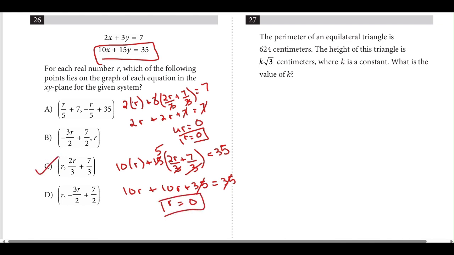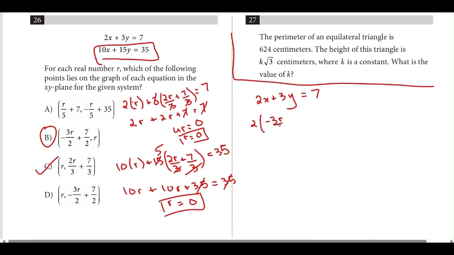Okay, so that was a good guess, I guess. But I'm going to just solve one more just in case, so we know if we are going on the right track. Let's say b. So 2 into negative 3r by 2 plus 3 into 7 by 2 plus 3 into r equals 7.